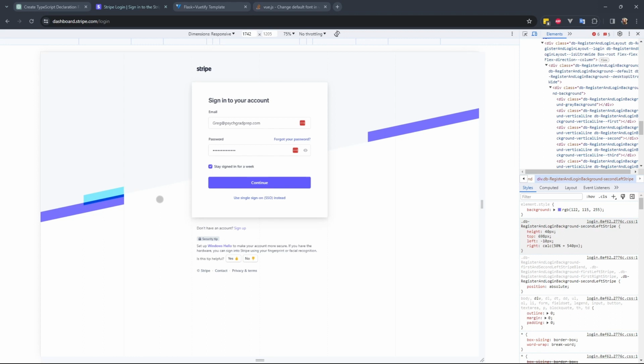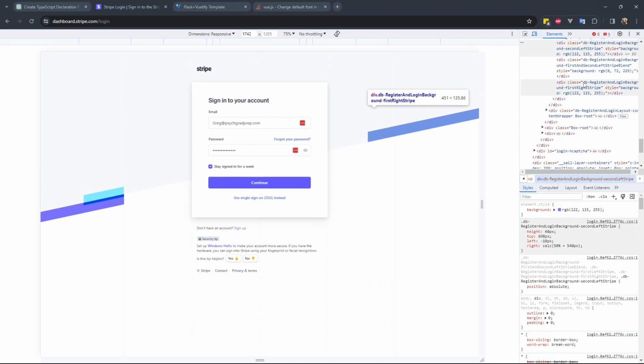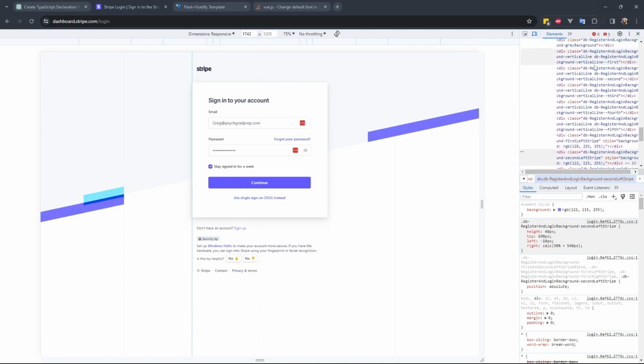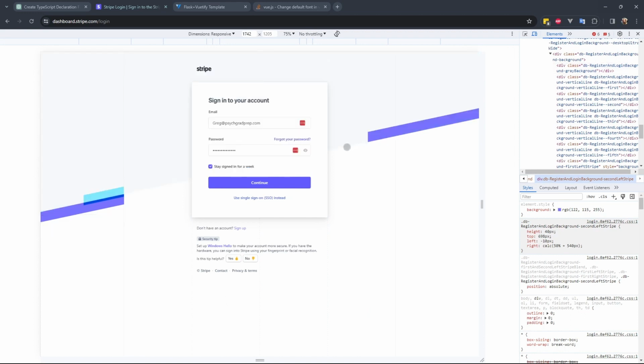Another thing I noticed is this horizontal line. It might just be a coincidence, but what I noticed was that it passes directly, pretty much, yeah, this is the good way to see it, where this line passes through this card is roughly halfway between where the inputs are and where the continue button is.